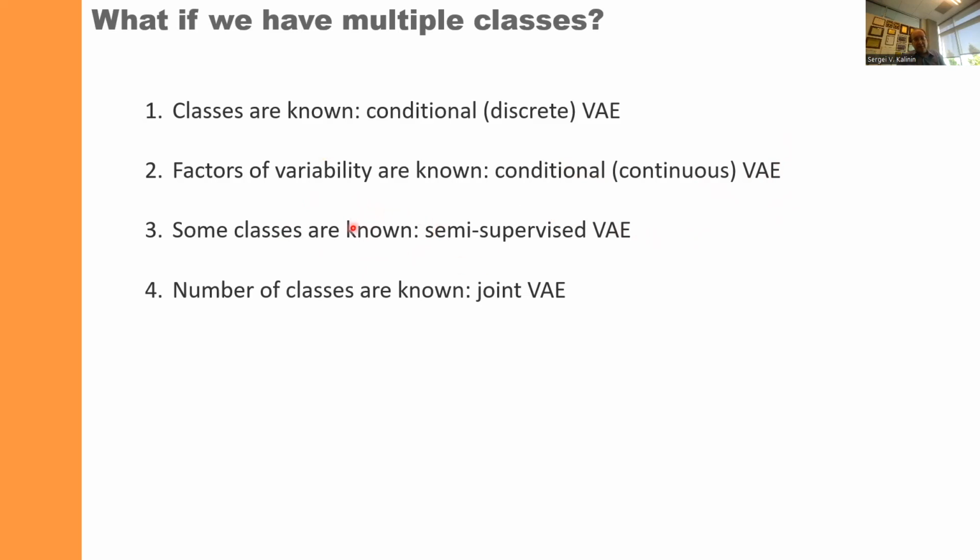The third example is when some of the classes are known, but not all of them. This, in fact, is a very common problem, surprisingly common. The scenario when it appears is, imagine that you have a textbook which has an example of some image. This is how the crystal of this compound looks. This is how the crystal of that compound looks.